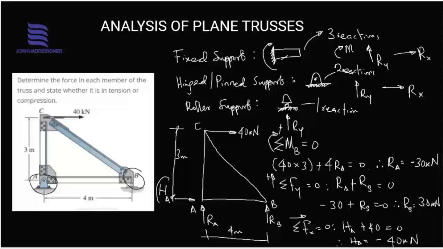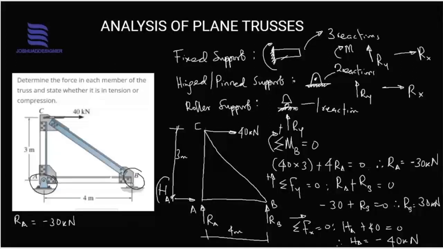So registering our results now, RA is equal to minus 30 kilonewton, and that minus represents the contrary direction to what we have in the free body diagram. If we correct it in the free body diagram, it becomes positive 30.